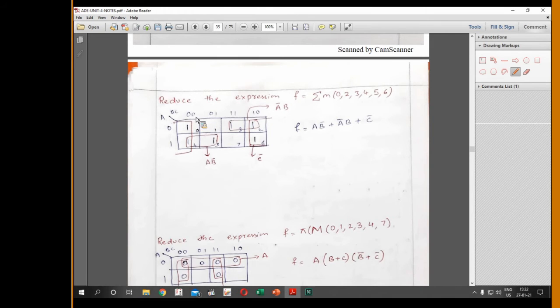So the common variable here is C, where the assigned value on C is 0. Hence it is C bar in your minimal expression. Next, we have to check for the uncovered minterms, which are 3 and 5, not covered. So we have to check first for the possible formation of a quad.